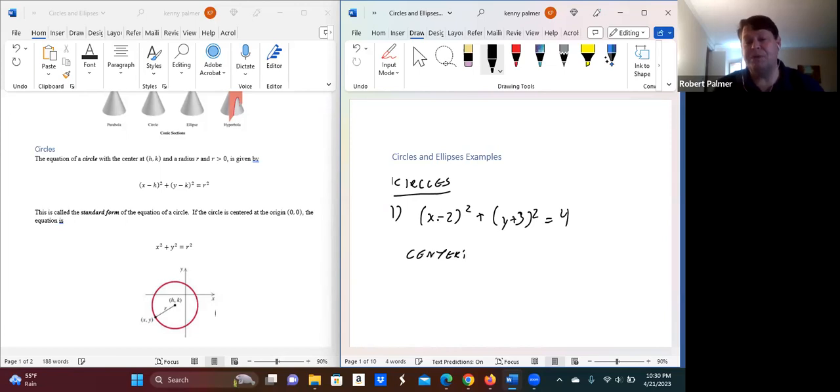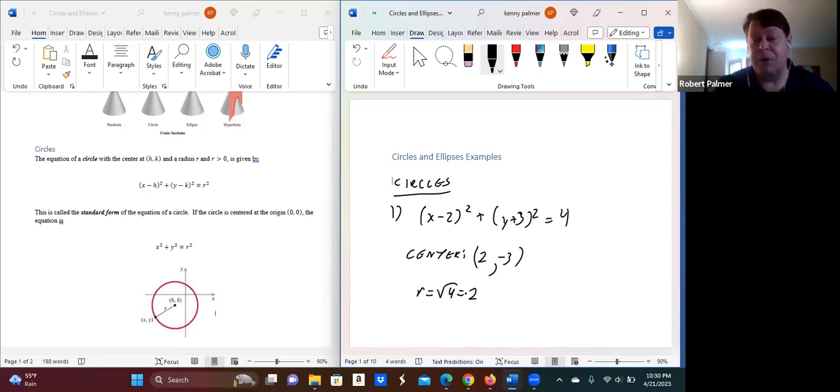What you do between the equation and the center is you switch signs. So if this is negative here, it becomes positive here, so the x coordinate of our center is positive 2. Here it switches signs as well: this is positive 3, so the y coordinate of the center becomes negative 3. And then the radius is the square root of this part, so our radius is the square root of 4, which is equal to 2.